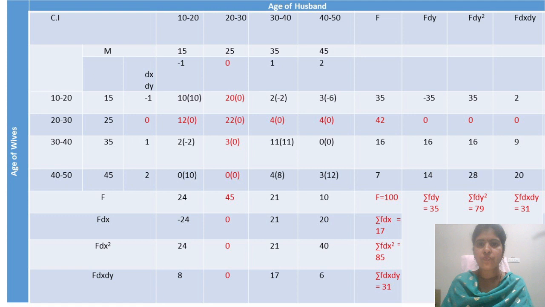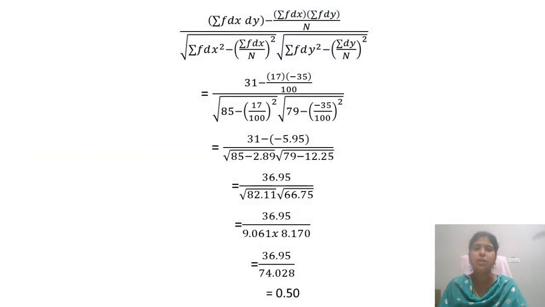Now as per this, last column wise we are supposed to see, last line 8, 0, 17, 6, total 31. See regarding the formula: sigma fdxdy is nothing but, both the sides 31, minus sigma fdx, that is 17, 17 into minus 35 divided by 100 is minus 5.95. Divided by root of sigma fdx square minus sigma fdx divided by n whole square: 85 minus 17 divided by 100 whole square, that is 2.89.